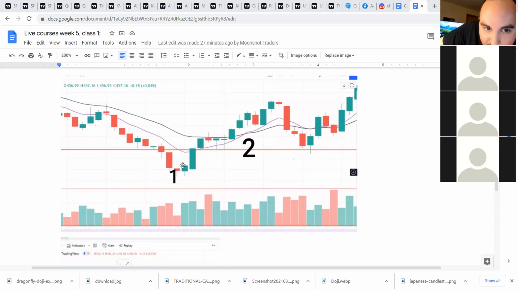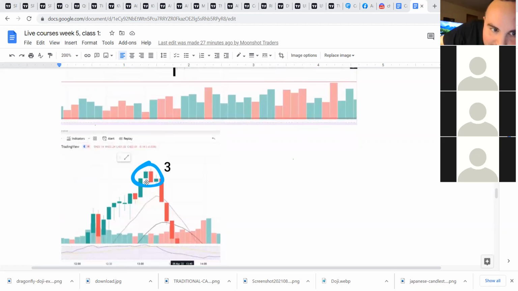And then the engulfing, think about it, engulfing, right? So what is it doing? It's engulfing the entire last candle from wick to wick. And that is a bearish engulfing because it is your bear candle, your red candle here, engulfing this green one here.